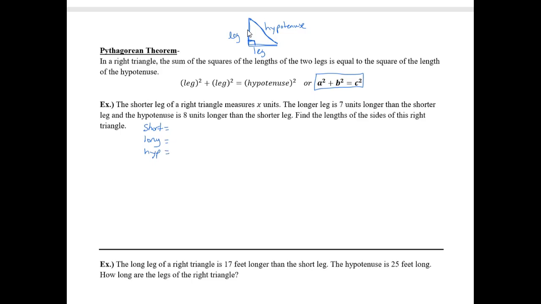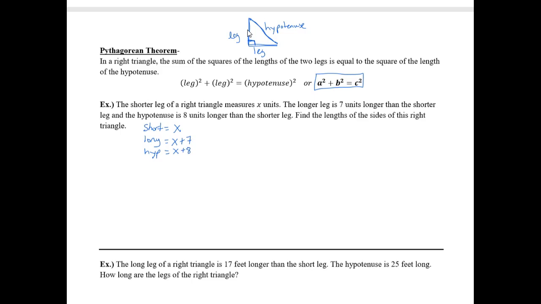The short leg measures x units, so I don't really know anything about that. The longer is 7 units longer than the shorter, so whatever the shorter is, I need 7 more units. The hypotenuse is 8 units longer than the shorter, so again, whatever that shorter is, I need 8 more units.